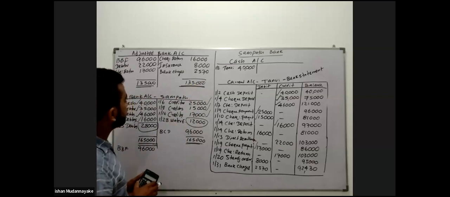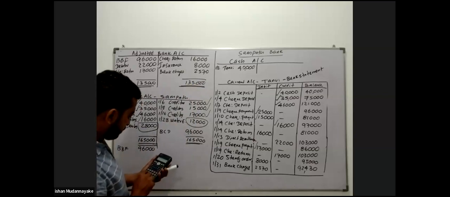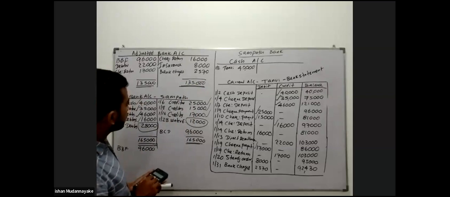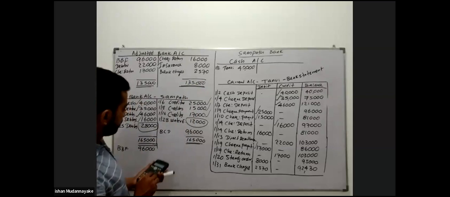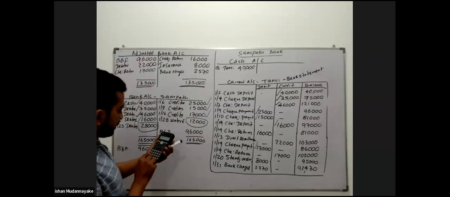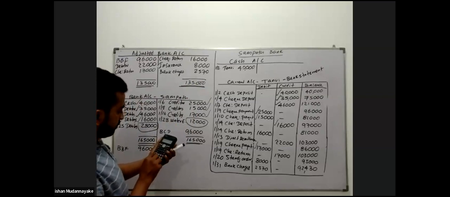Then my closing balance, how much? I'm asking closing balance: 135,000 minus 60,000, 26,570 credit balance.